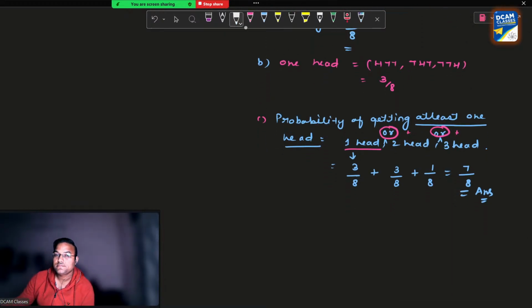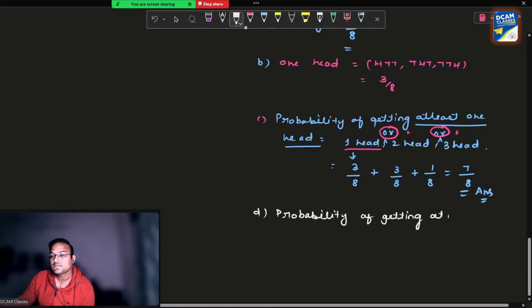Acha, now what will be the probability of getting at most 2 heads? Priya, what will be the probability of getting at most 2 heads?